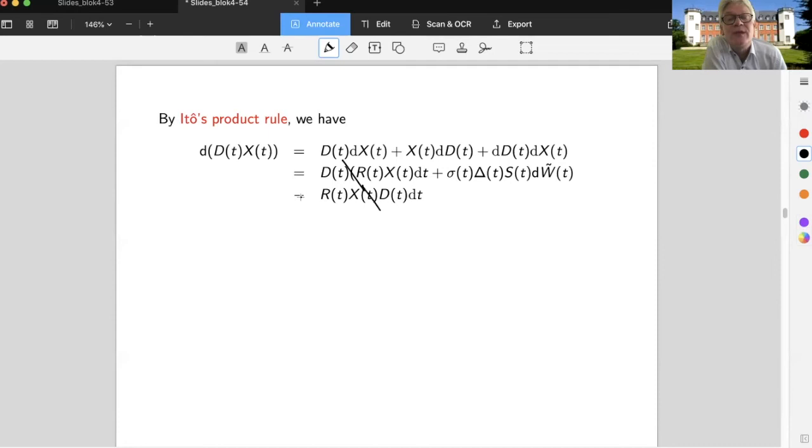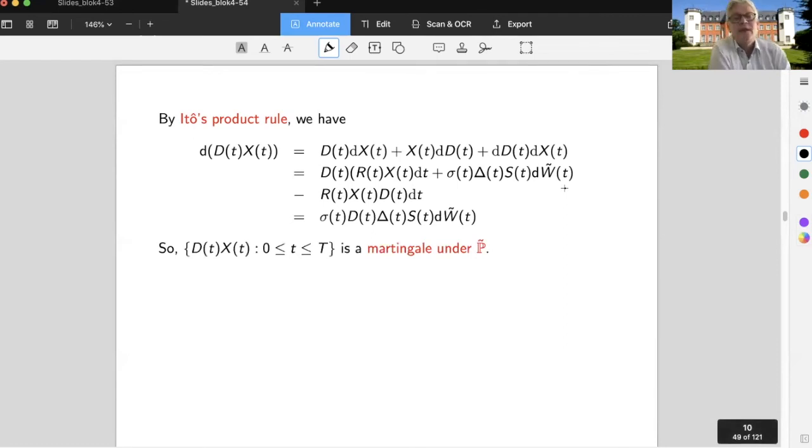And here we have it with a minus sign. So they cancel each other out, and this is what remains. So the change in the discounted portfolio process is equal to D_t sigma_t delta_t S_t dW tilde_t.